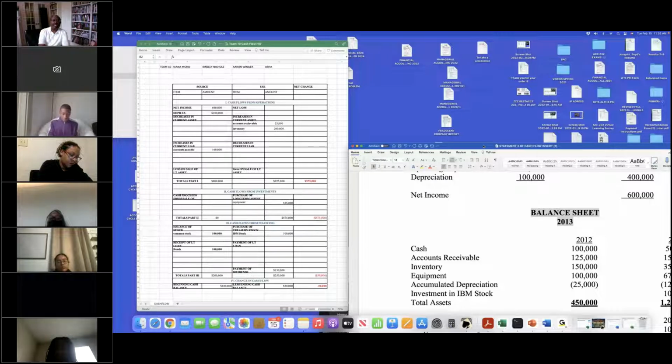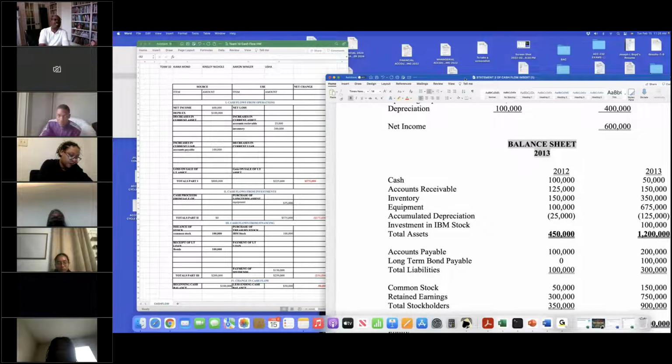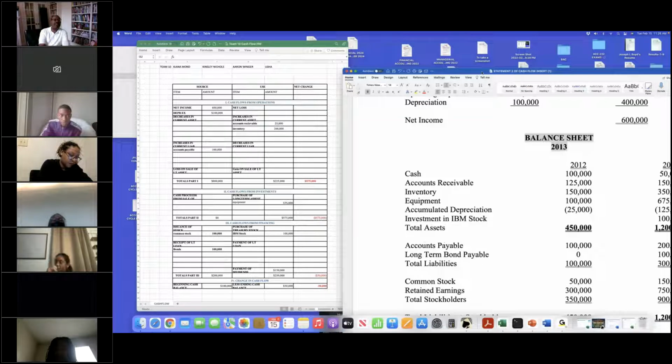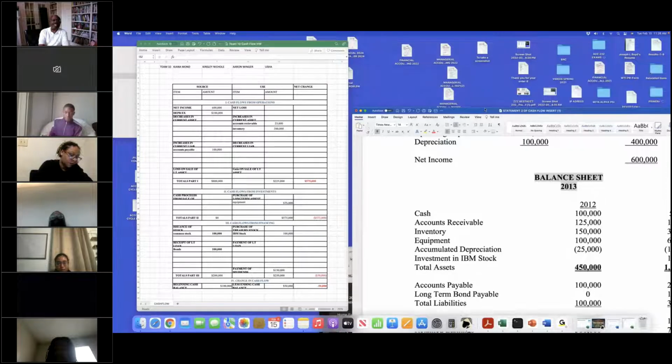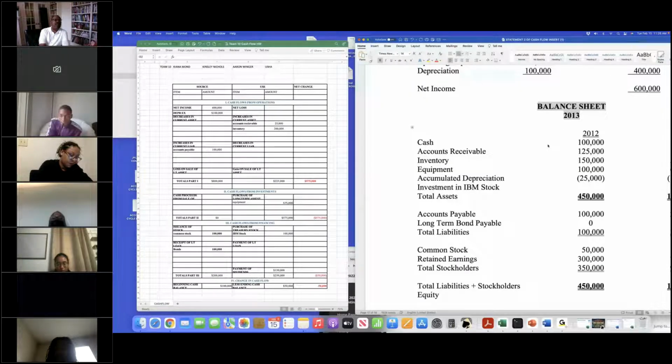Next, you would do either net loss or net income. So here we had a net income of 600,000. So the second thing she should have done was to put this net income in.